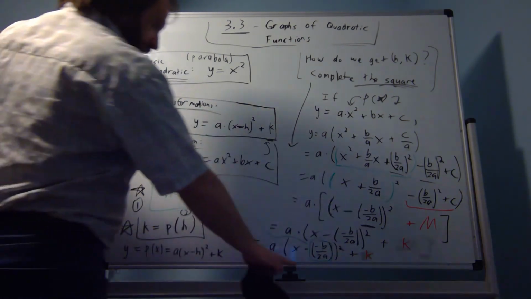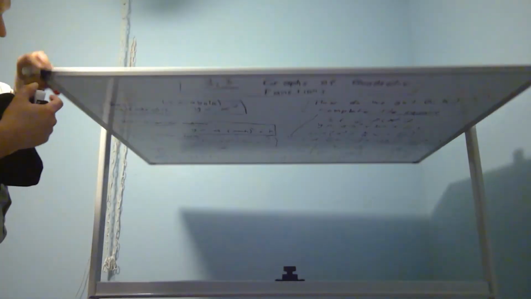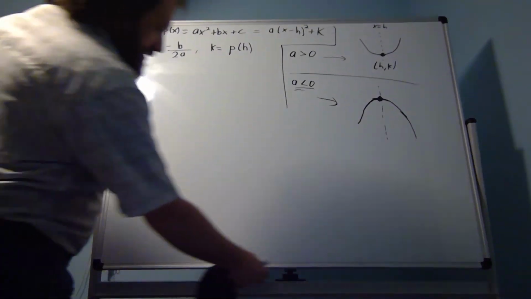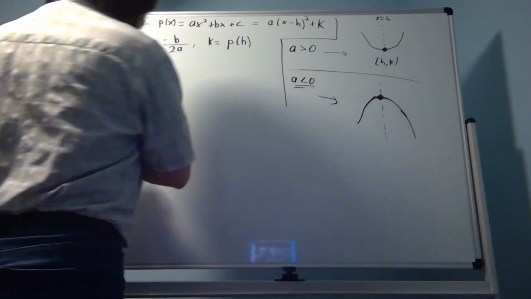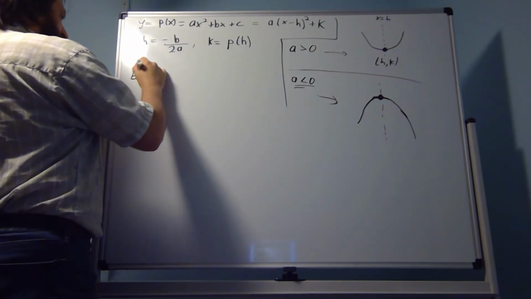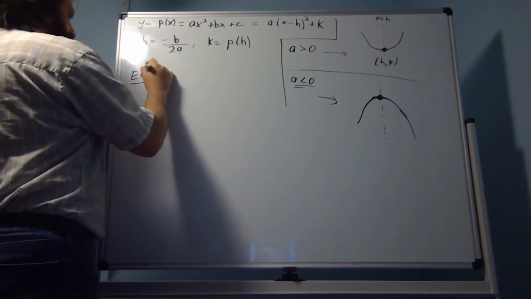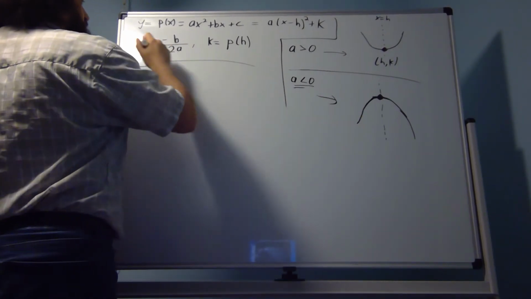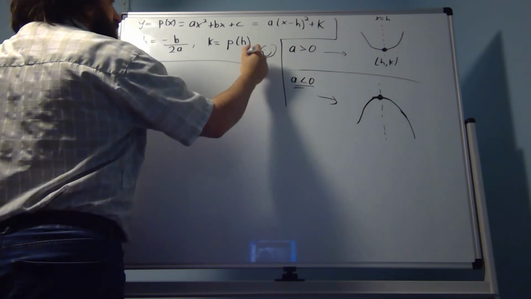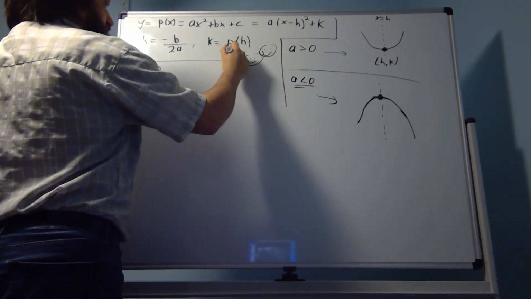So that's it. It's almost magic, but let's do it. Proving it was kind of a pain, but let's actually use it. Once we have it, we can just use it, and it's very nice.